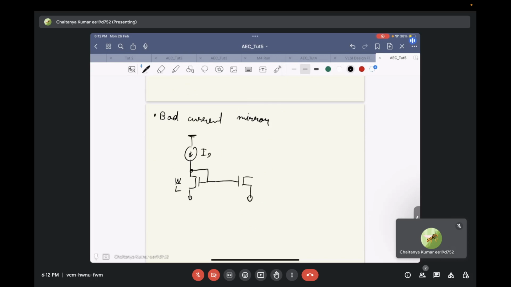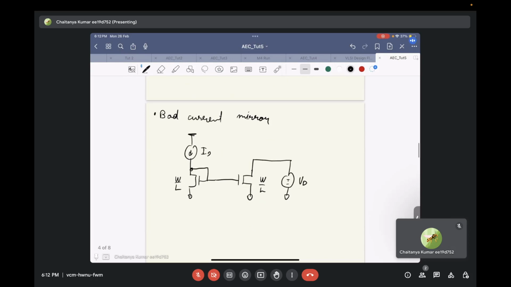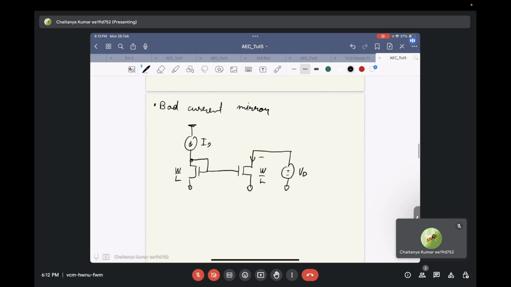We have W by L over here, and we connect this to, let's say, a voltage source of value VD, and we need to find out what value of I is.